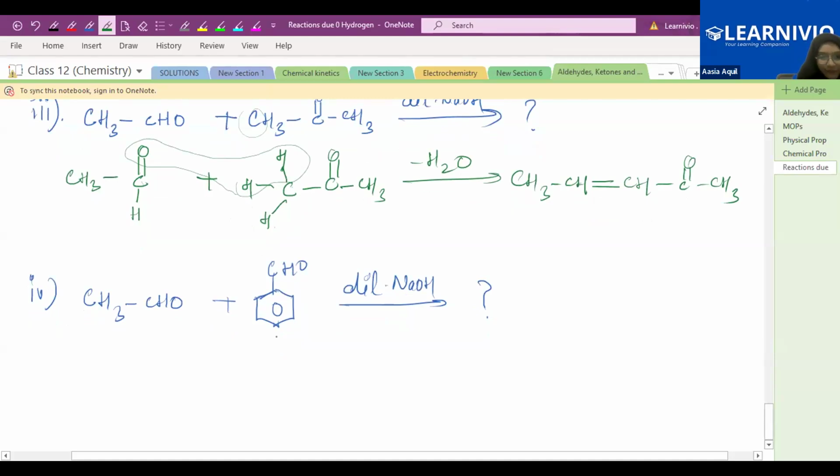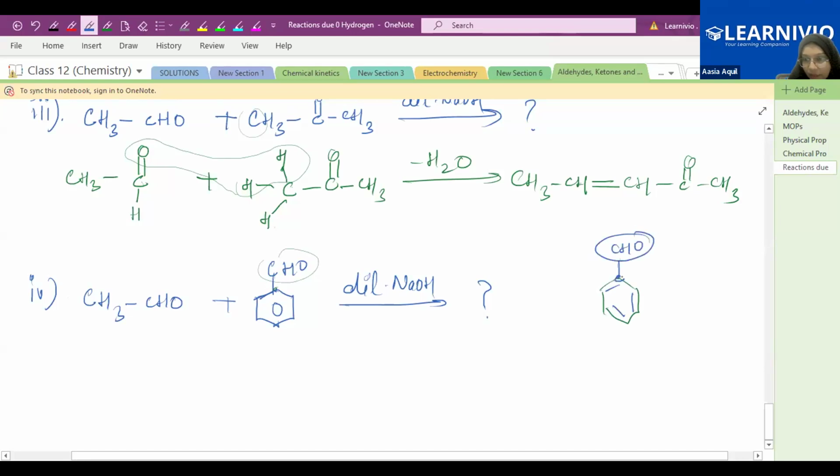In this question, one compound has an alpha carbon, and the other compound has no alpha carbon. This CHO group is attached to this carbon.